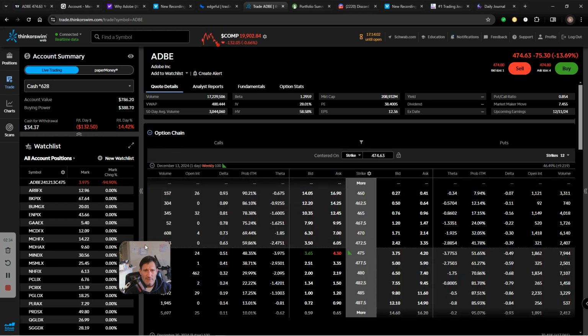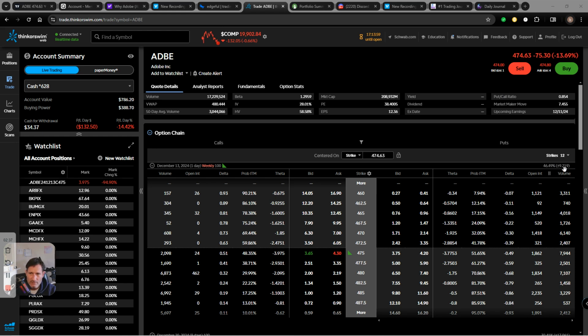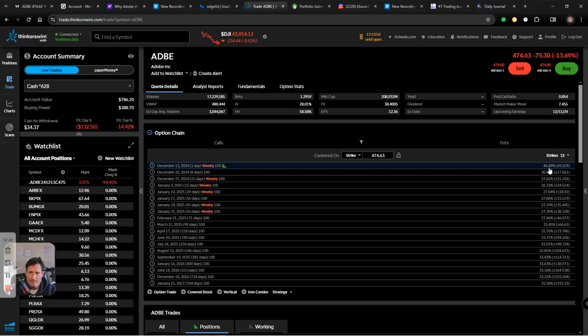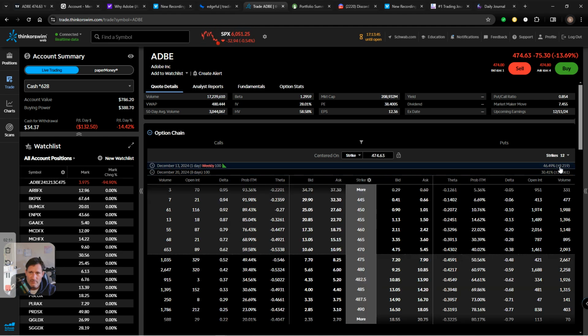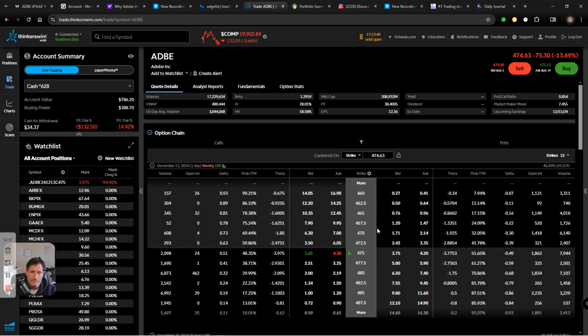the two positions, but looking at the options chain here, you can see pretty low IV because we're after earnings. So 46% IV after earnings for tomorrow's options with this big of a move is pretty decent. We've got an expected move of $9. Okay, so at the 475, if we're expecting a move of $9, this $4 call here is kind of trading at it.